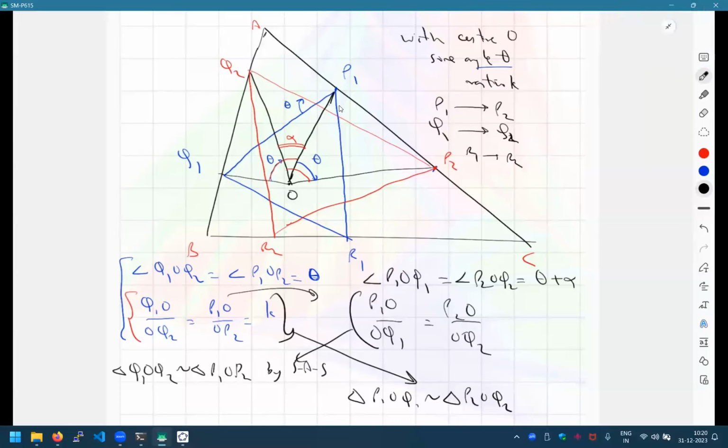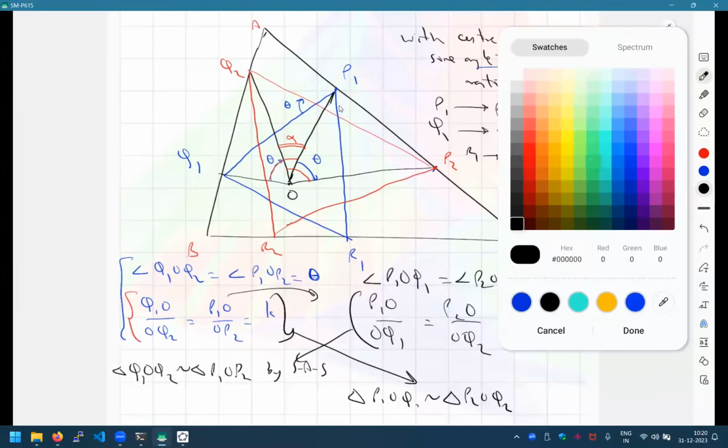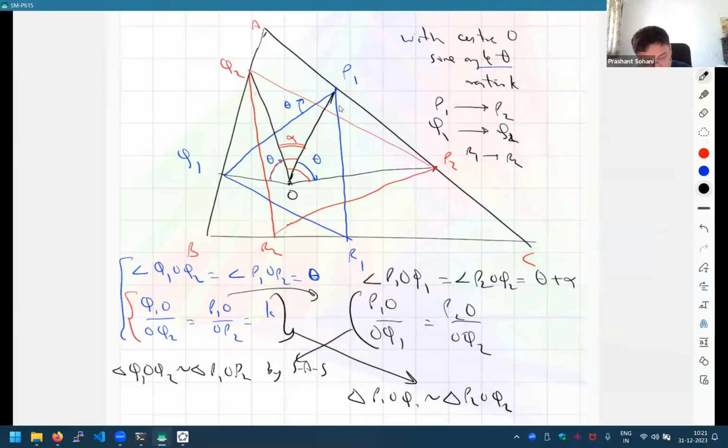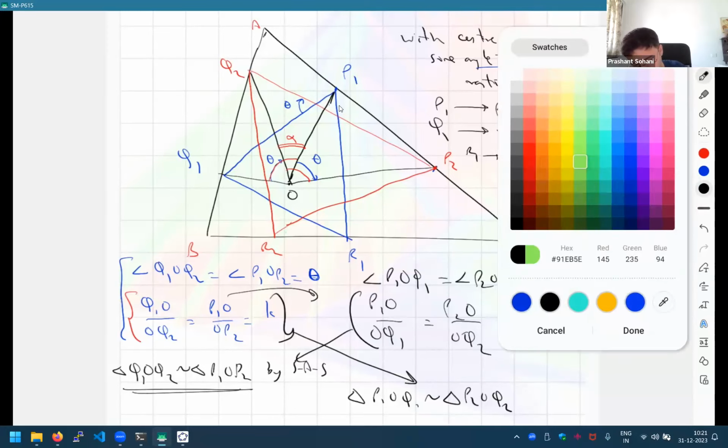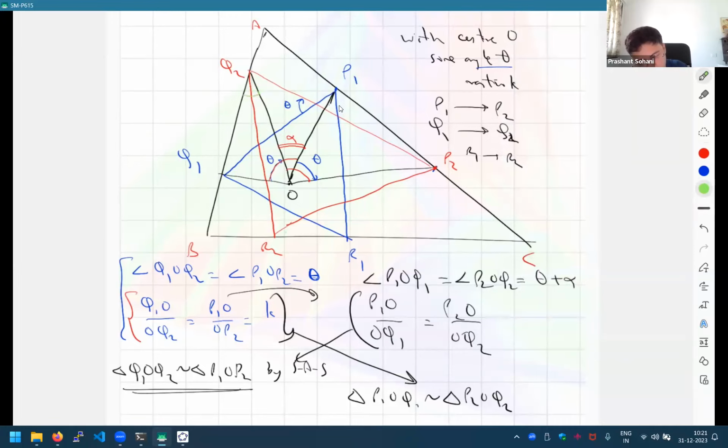I think I got something. Yes, tell me. Angle Q1Q2O is equal to P1P2O. Yes, correct. So AP2OQ1 is cyclic. Correct. Because of this similarity, this angle Q1Q2O is the same as P1P2O, which is this angle.